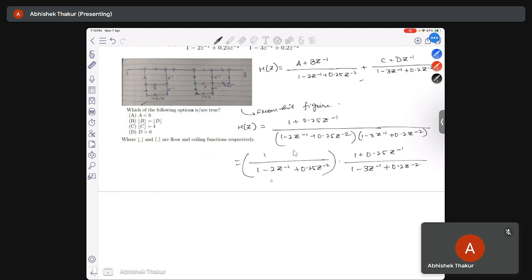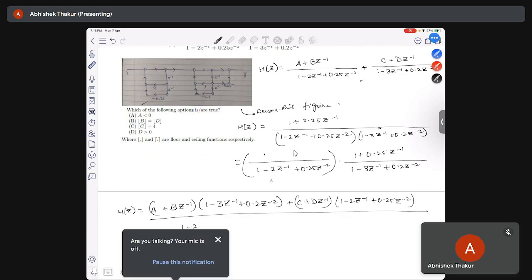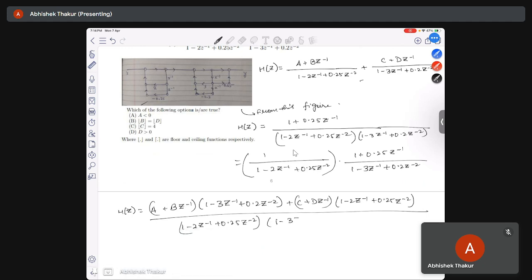So when we write H of z in multiplication form, we will get (A plus B z inverse) multiplied with (1 minus 3z inverse plus 0.2 z to the power of minus 2), plus (C plus D z inverse) multiplied with (1 minus 2z inverse plus 0.25 z to the power of minus 2), divided by the denominator. We can write like this.